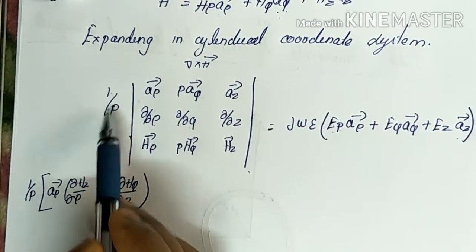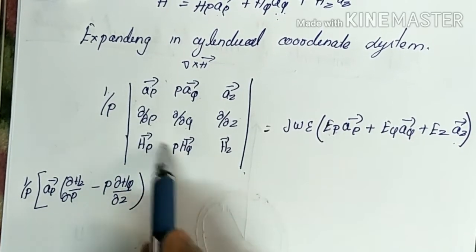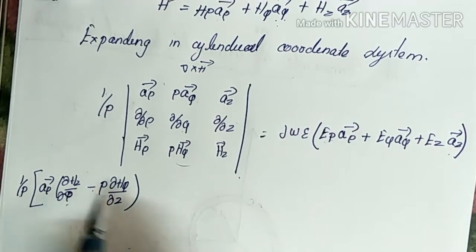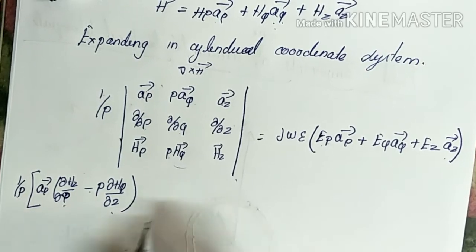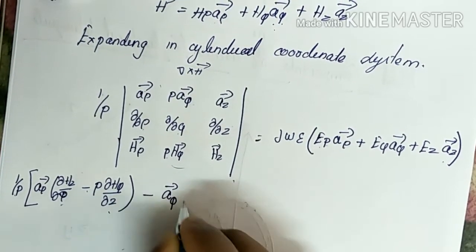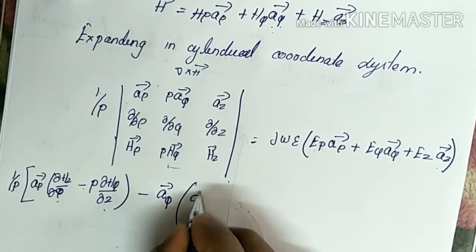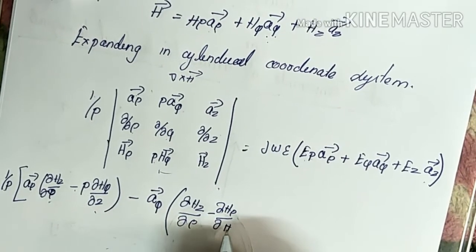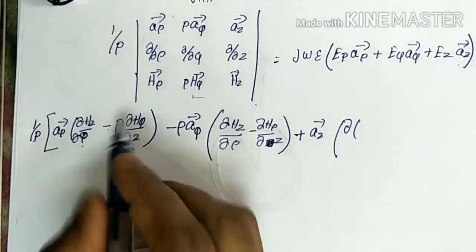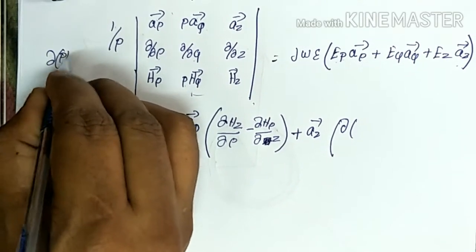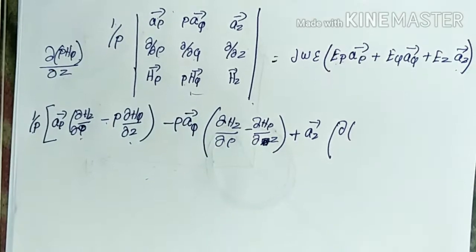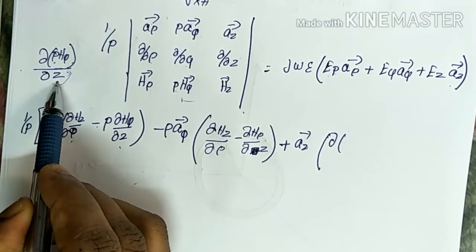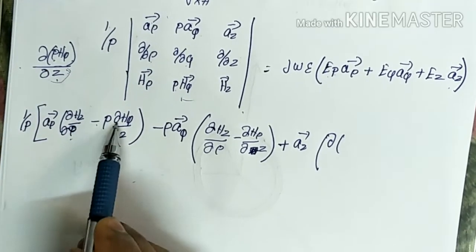While we expand, take 1 by rho commonly outside: A rho vector into this determinant value, dou Hz by dou phi minus rho dou H phi by dou Z, minus A phi vector into, if we leave this, dou Hz by dou rho minus dou H rho by dou Z. If you see here, actually this term will be rho dou H phi by dou Z. We are taking this rho outside since we are differentiating with respect to Z. When you differentiate partially with respect to Z, rho is considered as a constant, so we take it outside.